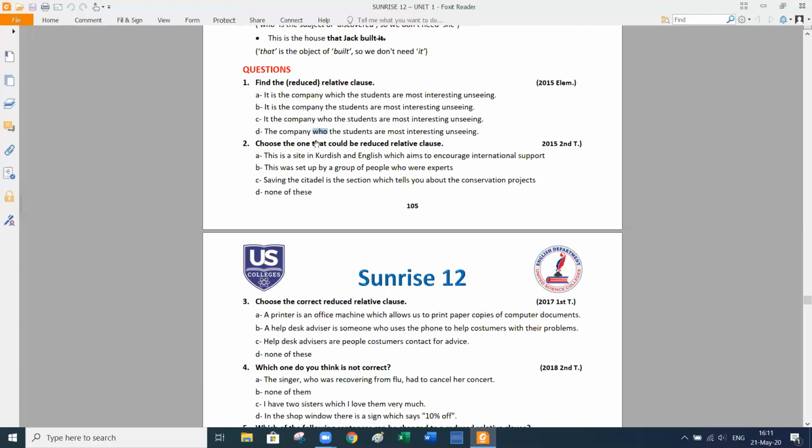Something is missing here in D. As you can see in A, B, and C, we have it is. So if you don't have it is at the beginning, the sentence is not complete. So our answer is B.